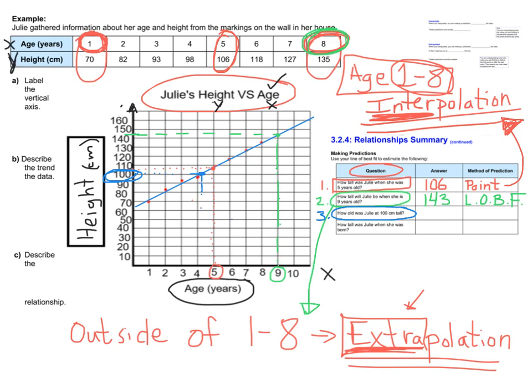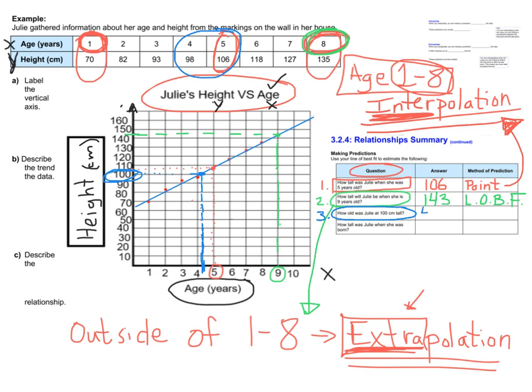So if we go down and make a prediction, it's somewhere in between 4 and 5 years old. You can tell because you know that at 4 years old, she's 98 centimeters. At 5 years old, she's 106. So if I had to estimate, I would say that it's just after 4 years. It's not 4.5 years, maybe 4.25 years. Maybe 4.3 years. I don't know. I'm going to estimate 4.25.